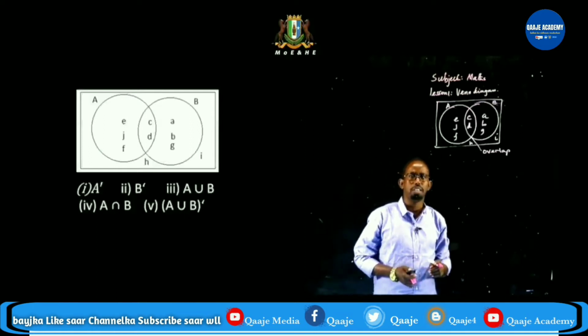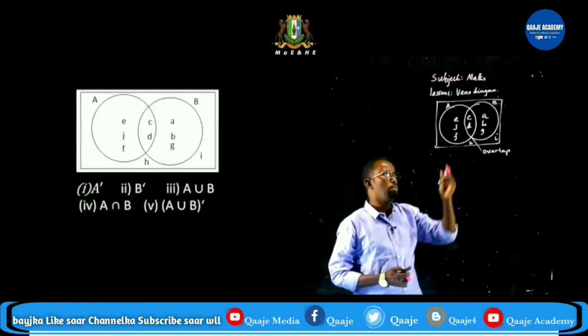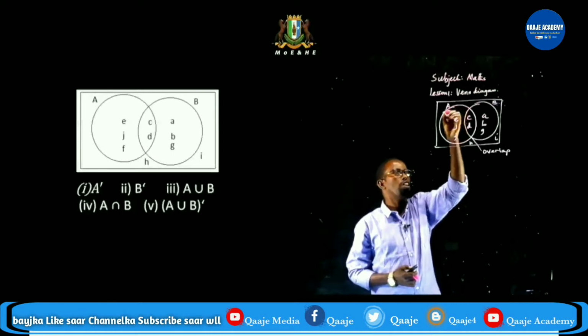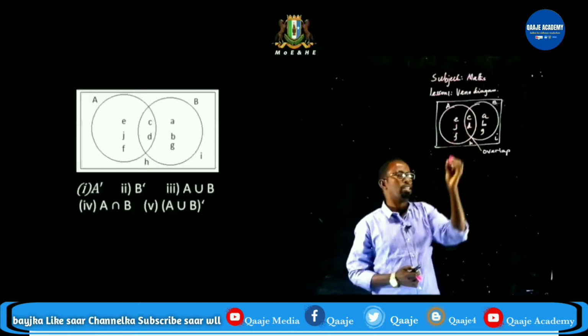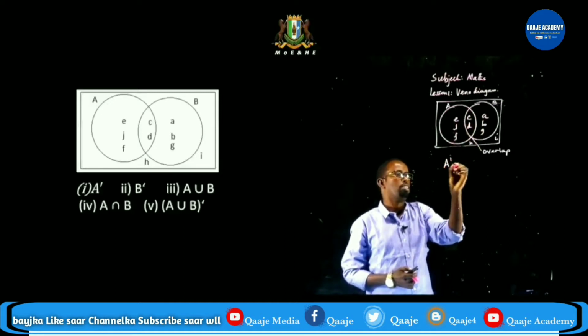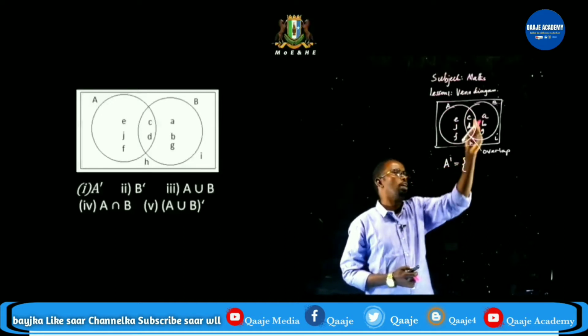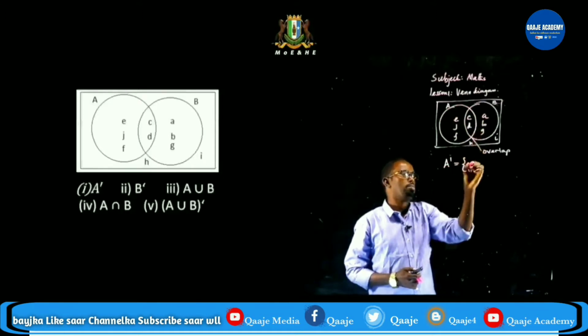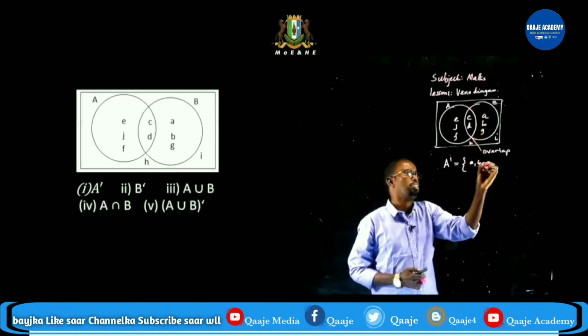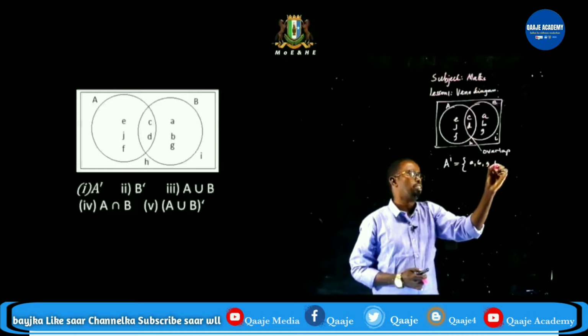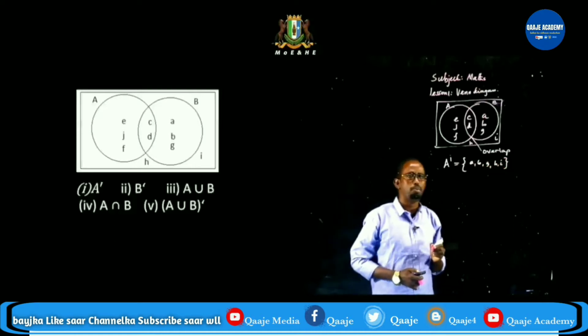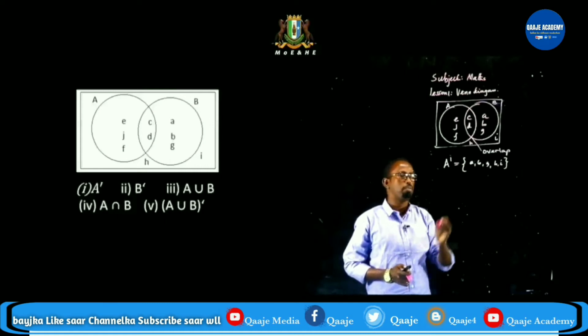Now, question number 1 reads, A complement. A complement means all the elements which are outside A. So therefore, A complement will be equal to, outside A is A, B, G, H, and I. So these are the elements in A complement.